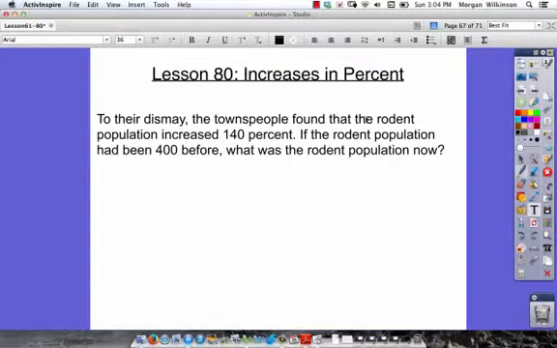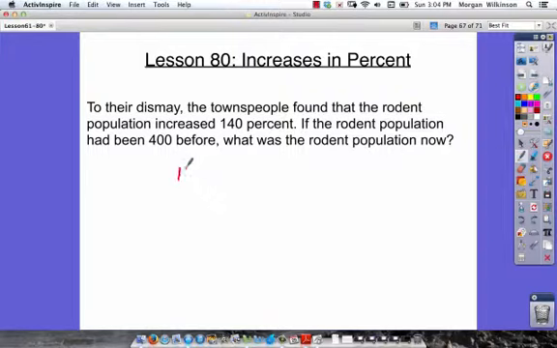First one is, to their dismay, the townspeople found that the rodent population increased 140%. If the rodent population had been 400 before, what was the rodent population now? So in this problem, if we want to go ahead and solve it, what we know is that 140% of 400 is, or equal to, the increase, or how much it went up.